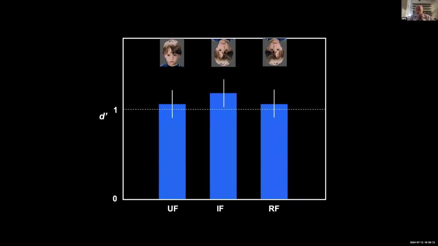Basically, there's no difference at all when you invert a face in kin recognition, unlike every other facial judgment that's been tested. So we're looking at this and trying to make sense of why this one particular cue is insensitive to orientation.